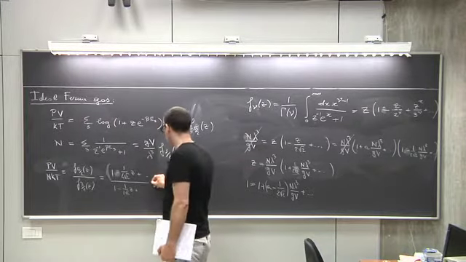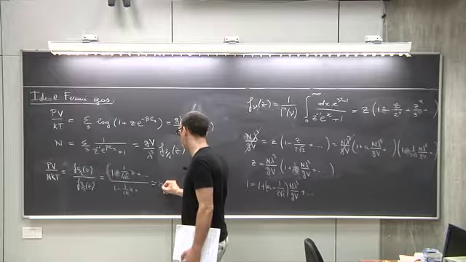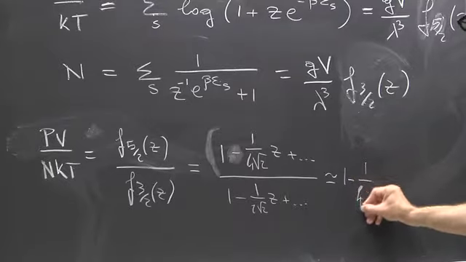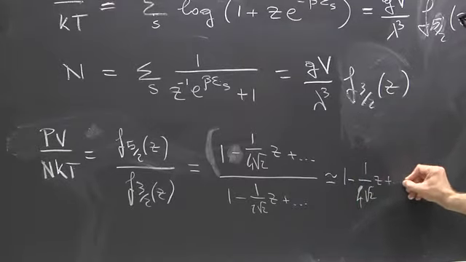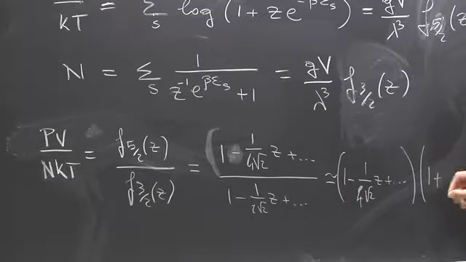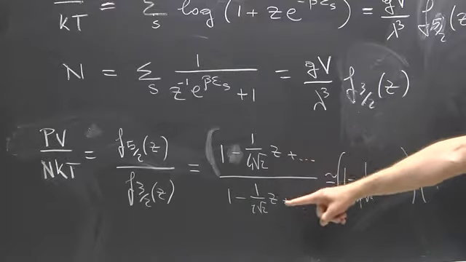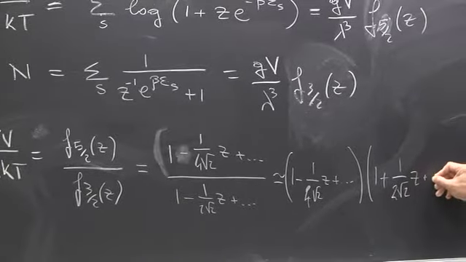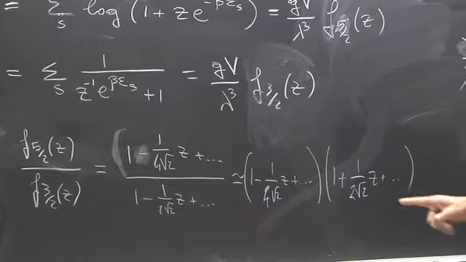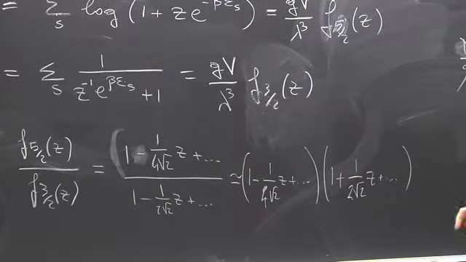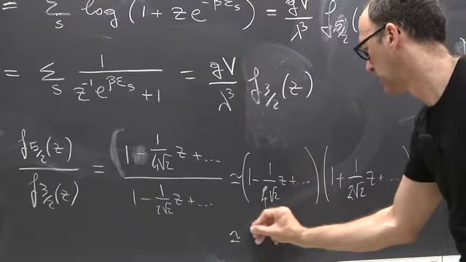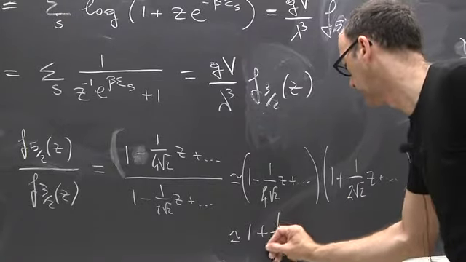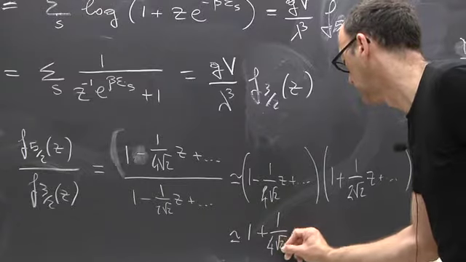And so this is to leading order equal to 1 minus 1 over 4 square root 2 times z, times 1 plus, taking just the first order expansion of this, 1 over 2 square root 2 z. So 1 minus this plus this is 1 plus 1 over 4 square root 2 z.